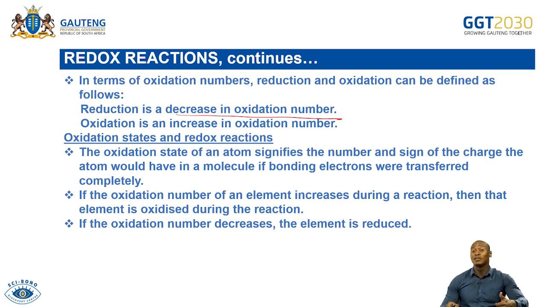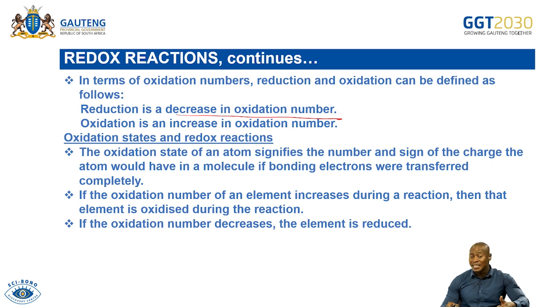So that atom is losing electrons. But if there's a decrease in oxidation number of that atom, that atom is being reduced, or that atom gains electrons. I'm starting with the oxidation number, because what is going to assist us to determine whether the substance is losing or gaining electrons is the oxidation numbers.